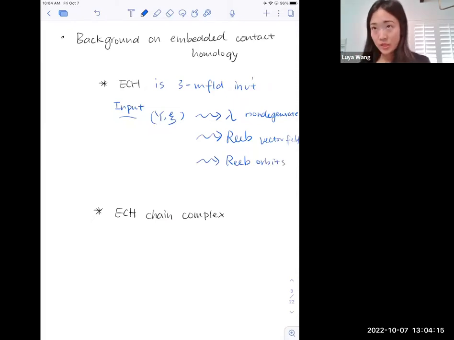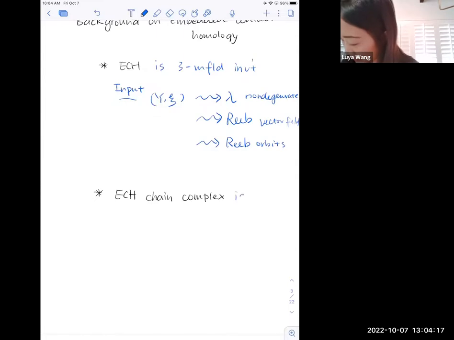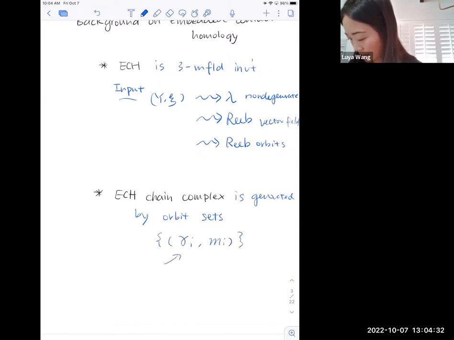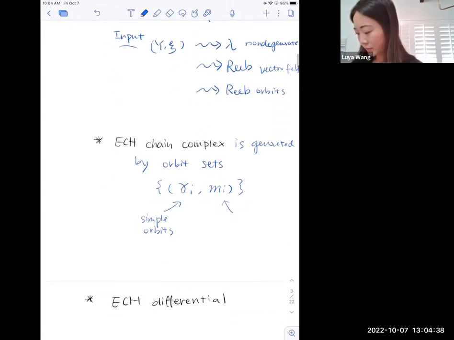And the ECH chain complex is generated by these so-called orbit sets, which are just tuples of (gamma_i, m_i), where the gamma_i are underlying simple orbits, and the m_i are positive integers, which count the multiplicity of such orbits.